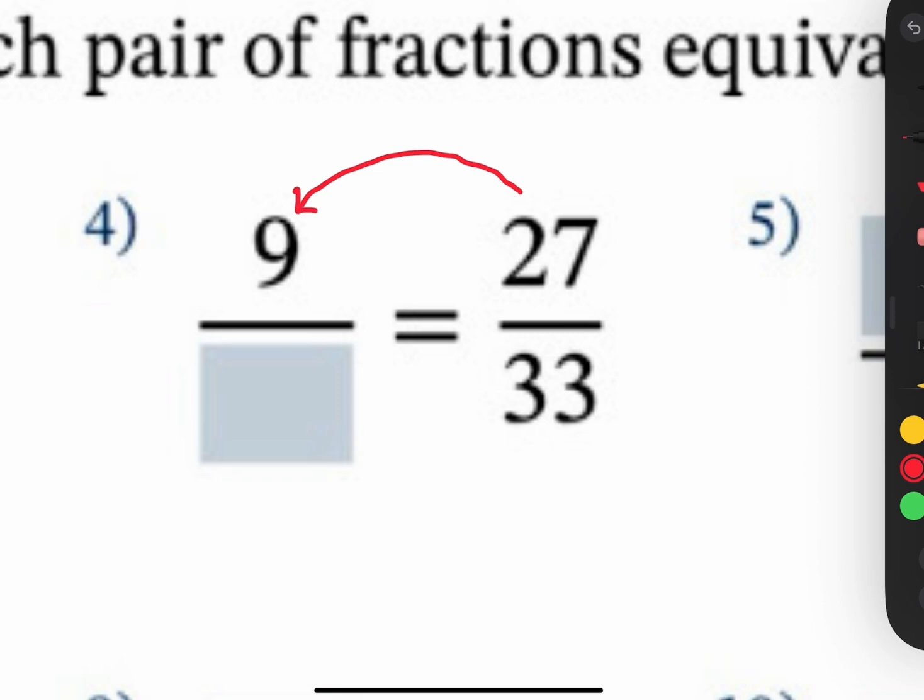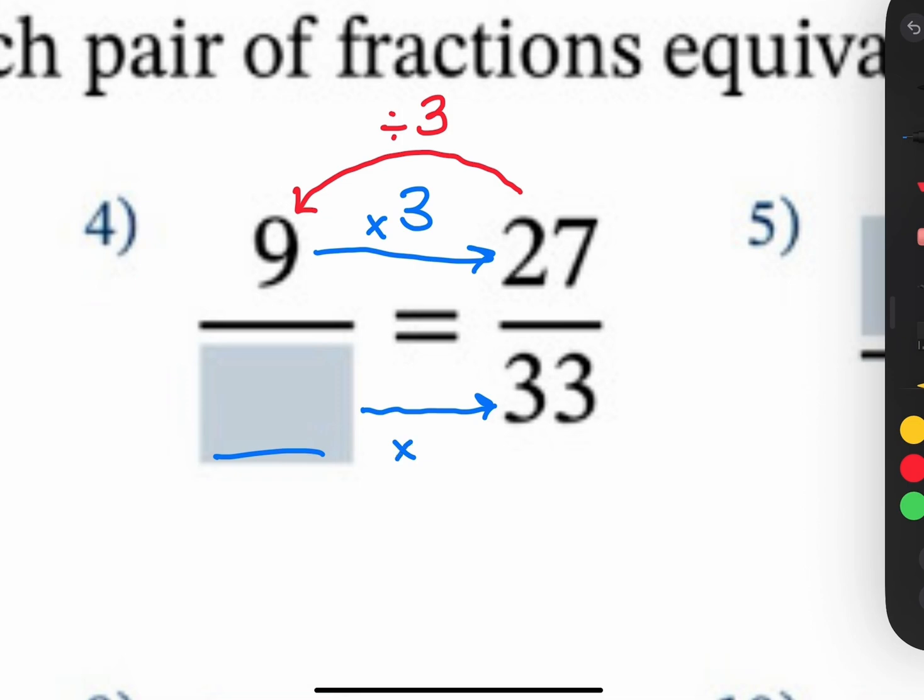And because that number is getting smaller, we have to divide. 27 divided by what equals 9? 27 divided by 3. You can also do it the opposite direction by going 9 times what equals 27? Well, 9 times 3. So we could do multiplication or division.